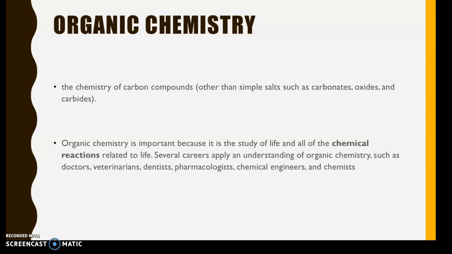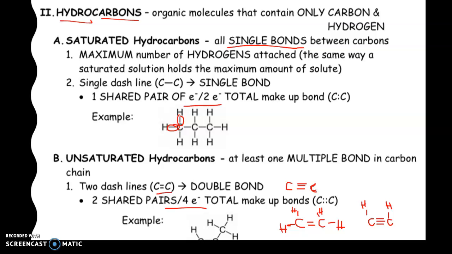So we're working with organic chemistry, meaning we're focusing on carbon compounds. When we're dealing with hydrocarbons, we're dealing with organic molecules that only contain carbon and hydrogen. When we are talking about hydrocarbons, we are talking about two different types, saturated and unsaturated hydrocarbons.